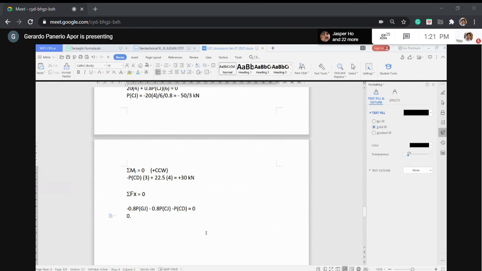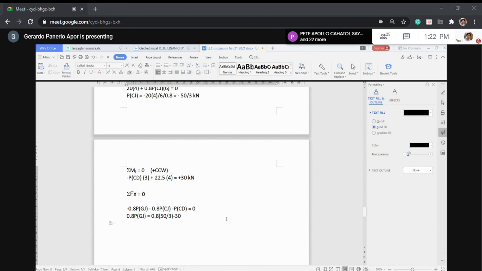So that means that we have 0.8 times PCG is equal to minus times PCG, which is negative. So you have here 0.8 times 50 divided by 3, and then you have minus 30.